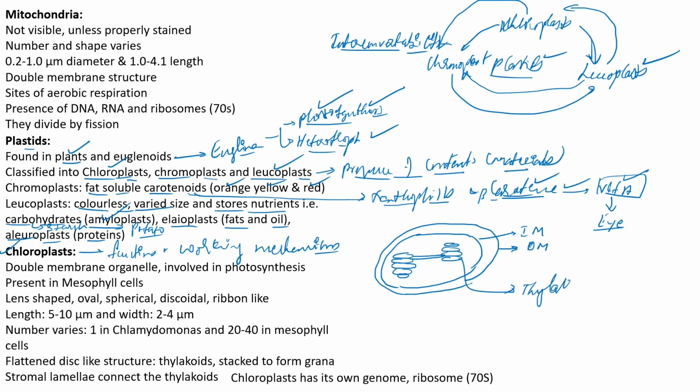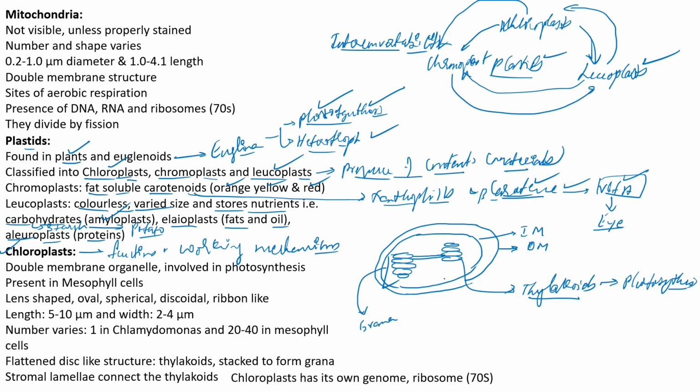Now, thylakoids are very important. You will study about the thylakoids in plant physiology, in the photosynthesis chapter. The thylakoids are the site for photosynthesis in a nutshell. The stack of these thylakoids we call the grana.